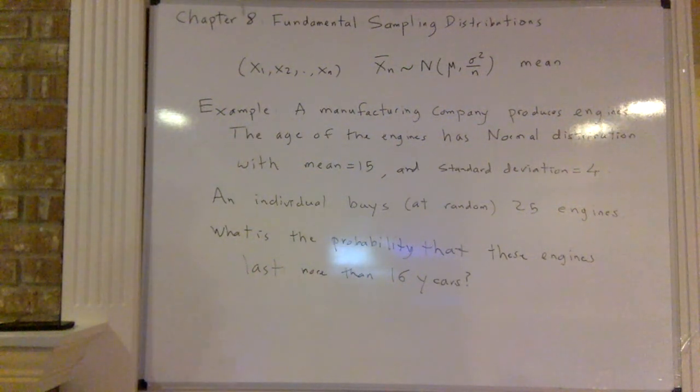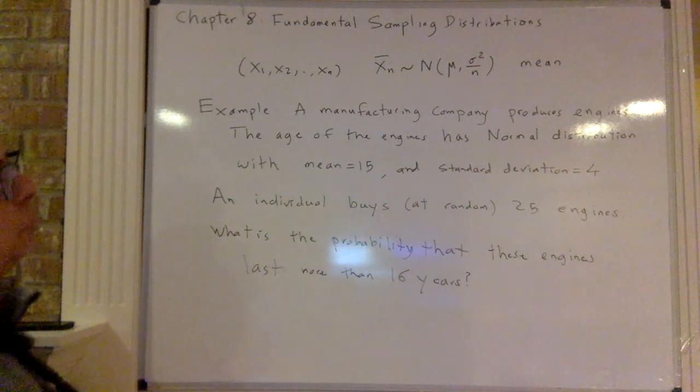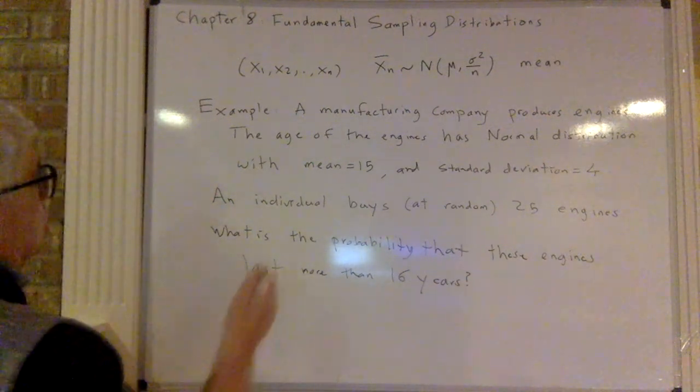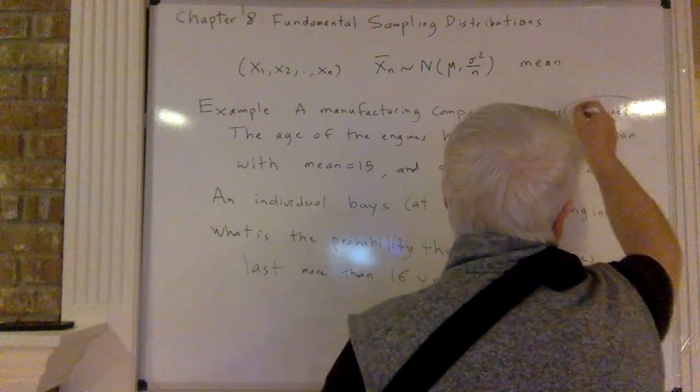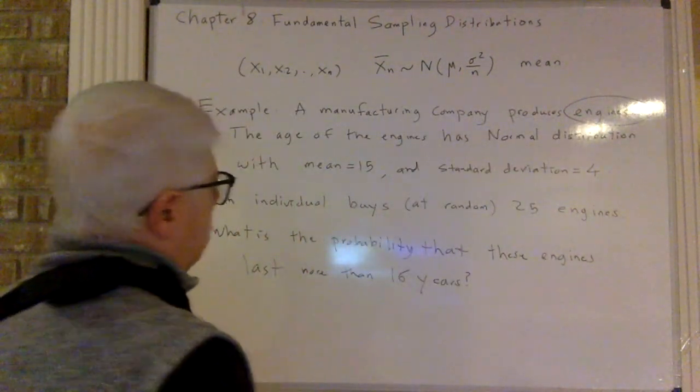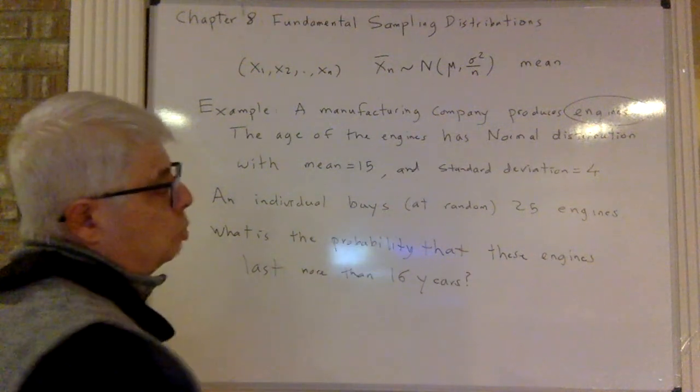That is a nice problem. We have a company that produces some engines, and the age of an engine has a normal distribution with mean 15 and standard deviation 4. So for us, the population is the engines, all engines, and this individual at random chooses 25.